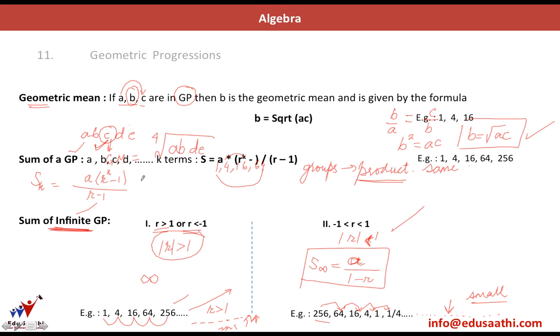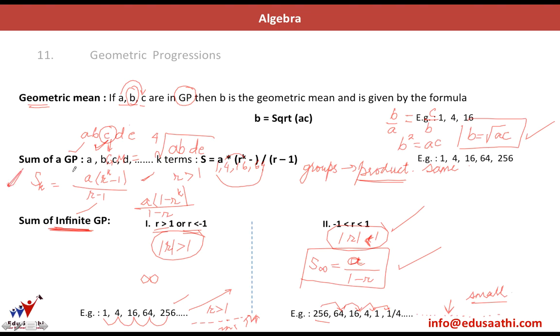Now, this formula also is to be used when your r is greater than 1. If your r is less than 1, this formula will be modified as A into 1 minus r raised to power k over 1 minus r. So this is the formula for infinite series. If your r is less than 1, this will be the formula for finite series.